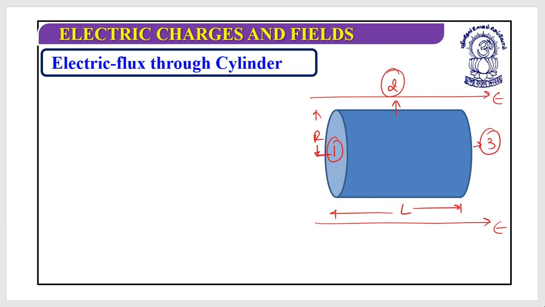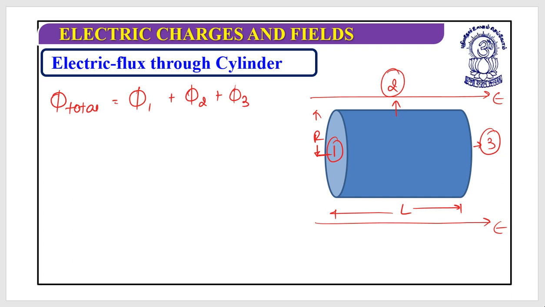So flux total would be the addition of flux 1 plus flux 2 plus flux 3. I know that when flux is required, I require two things.